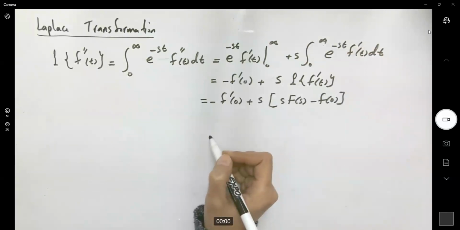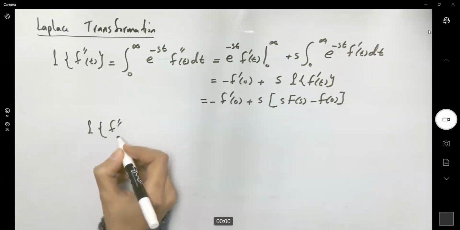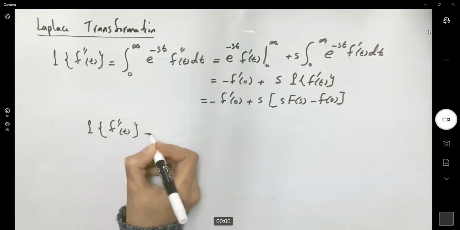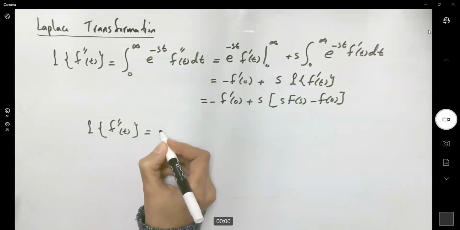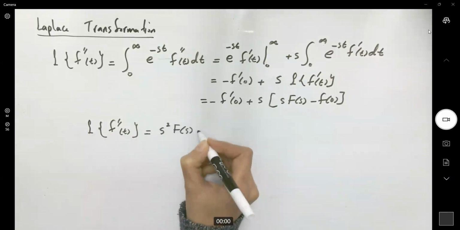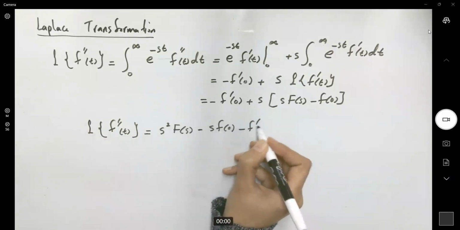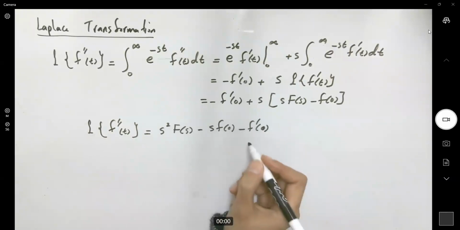If we distribute s into the parentheses, the Laplace of the second derivative of f is equal to s squared F of s minus s f of 0 minus f prime of 0.